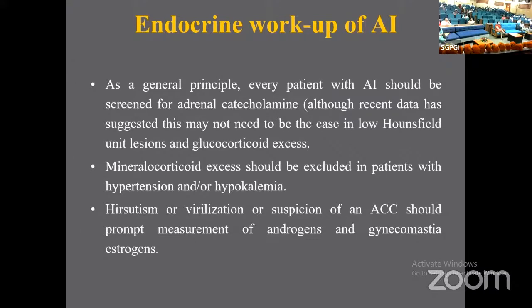Again, in patients having overt glucocorticoid excess symptoms and signs, one can exclude doing catecholamines. But in my practice, I'll probably do catecholamine or metanephrine estimation for almost all adrenal lesions. Now, any patient who has hypertension or hypokalemia, of course, mineralocorticoid excess should be excluded.